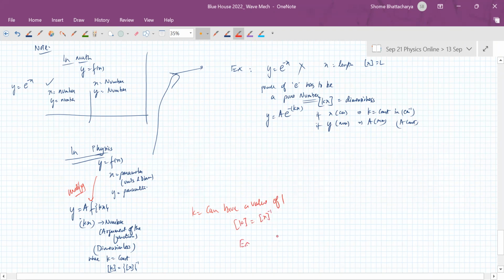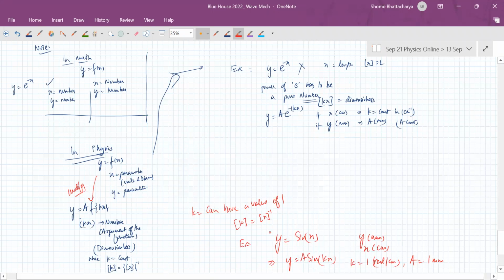So for example, we can have an equation like y equals sine x, where y is in, let's say, millimeters and x is in centimeters. But then we understand that actually this equation is y equals a sine kx, where k's value is 1 radian per centimeter and a's value is 1 millimeter.